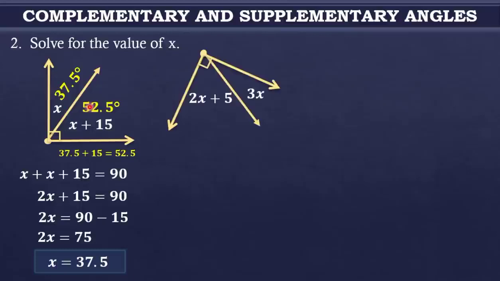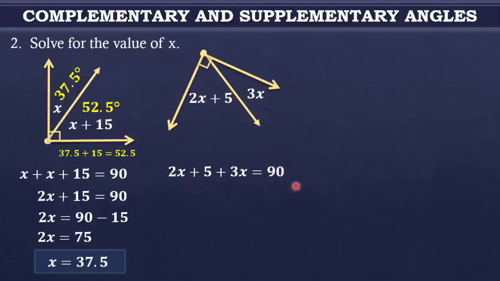Okay? Let's have the next one. So, this is again an example of complementary angles. So, we all know that complementary angles, the sum must be 90. Okay? So, dapat pag pinagsama natin yung measure ng dalawang angles na to, dapat 90 ang kalalabasan. Okay? So, i-add natin ngayon si 2x plus 5 and then si 3x is equal to 90.